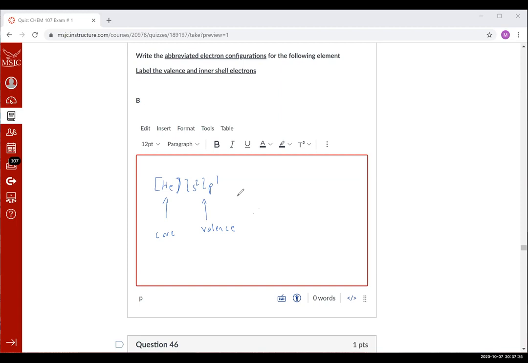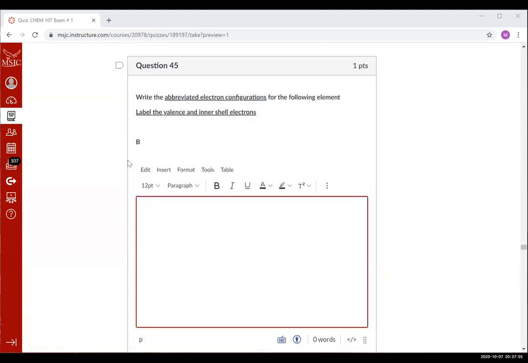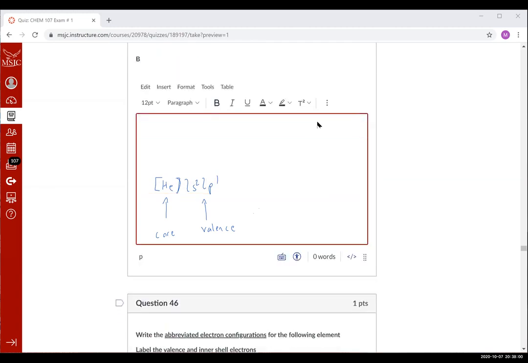So Professor, the 2s2 and 2p1 are valence, right? Yes, exactly right. Professor, just to add on to that, what would be the inner shell for that? The 1s2, 2s2, and 2p1?